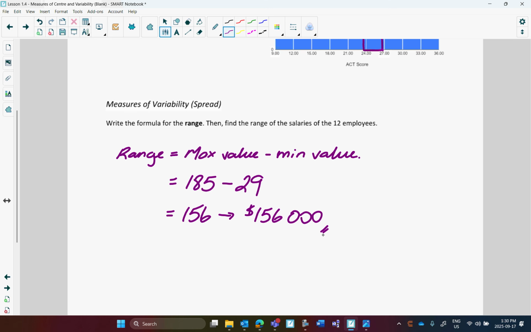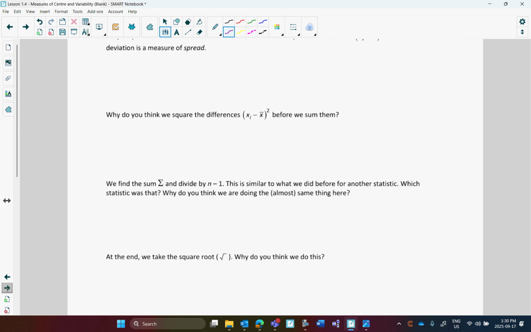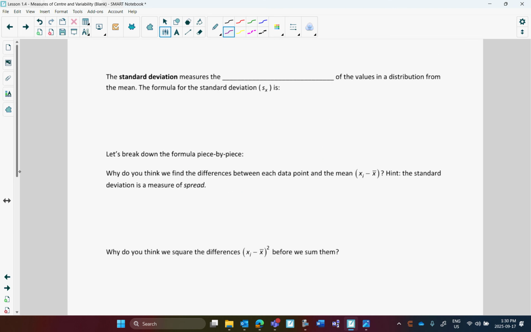And the next one is called the standard deviation. Standard deviation measures the average distance each data value is from the mean. So we have to use the mean with standard deviation. When I say average distance, a common phrase that we see is typical distance.